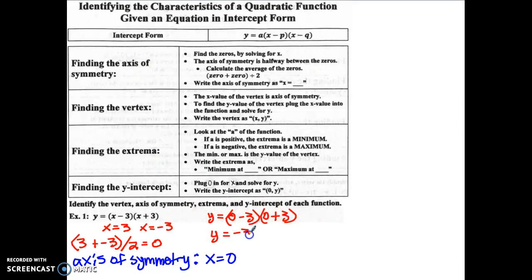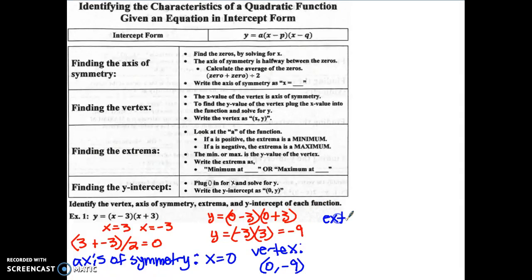So y equals negative 3 times 3. So therefore our y is negative 9. So that tells us that our vertex is, our x value is 0 and our y value is negative 9. So the vertex is 0, negative 9.